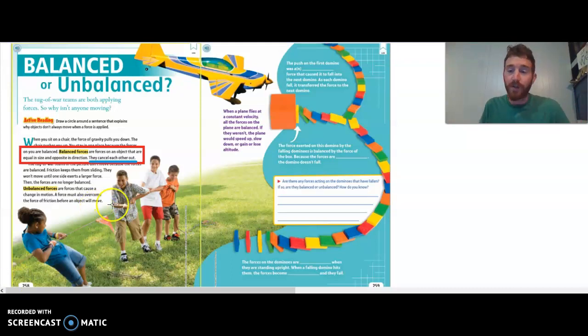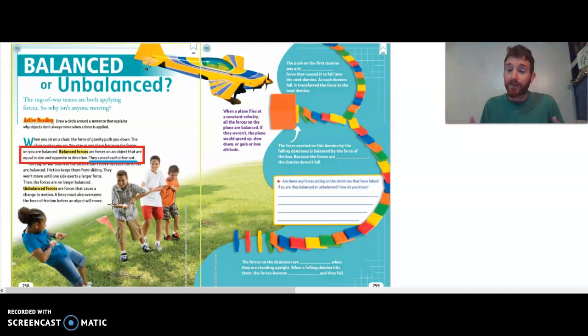So again, in this case, pulling in opposite directions, pulling on Tug-of-War, even if they're pulling really hard, if they're both pulling the same amount, there's no motion that would happen, okay? Same thing could happen if you were trying to push on the same object in opposite directions. If you and a friend were trying to push a box across the room and pushing on opposite sides, you could both be pushing together, but that box stays still.